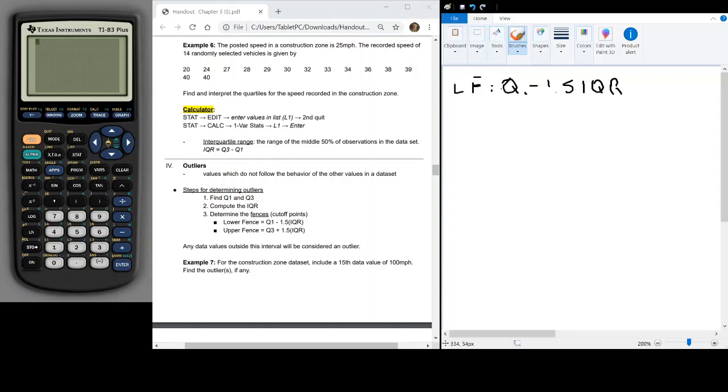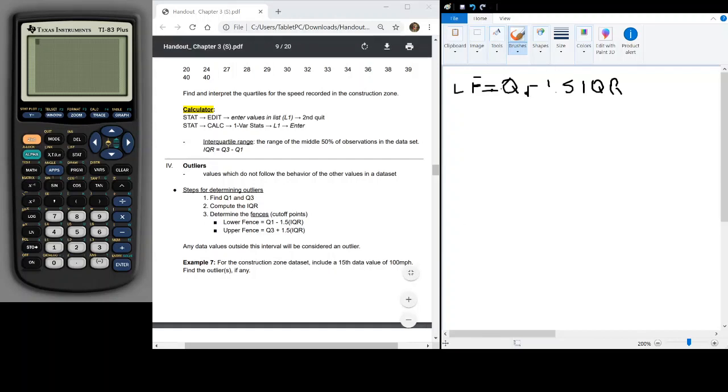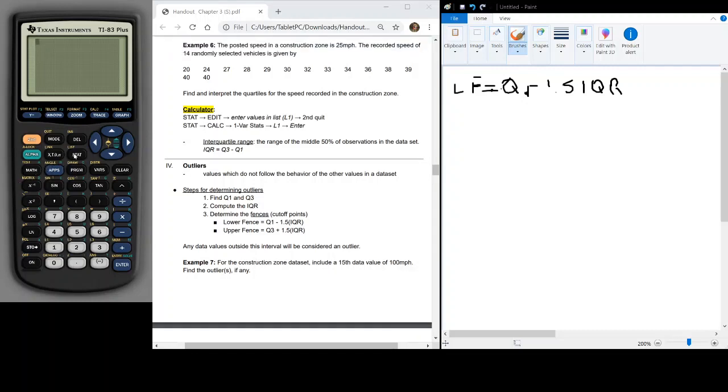The way to find the lower fence is to calculate this formula. To calculate it, let's find the quartiles in the calculator. The setup is to run a one-var stat: stat, calc, one-var stat. Here we're looking to run a one-var stat on our data set. We placed our data in L1 and then hit enter.